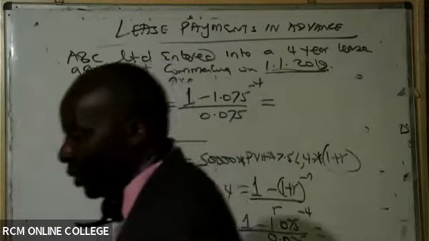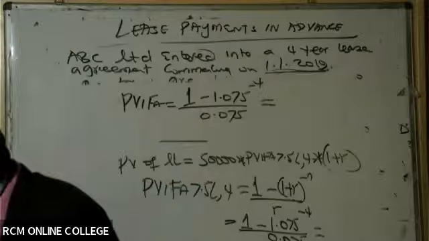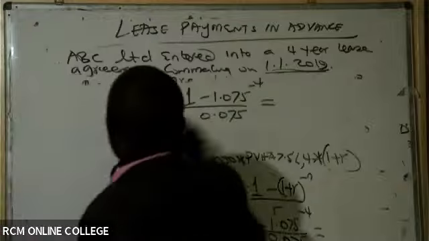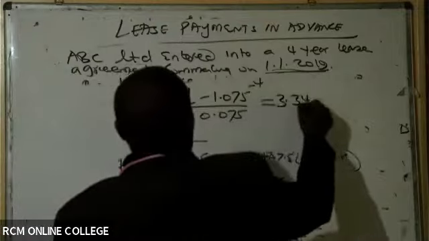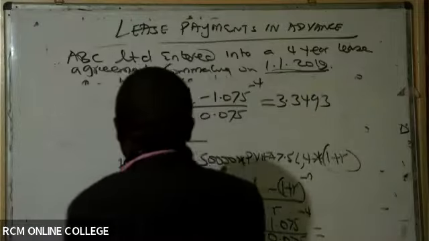And I wish everybody was really computing. So according to Sabina, it is 3.3493. That's PV.